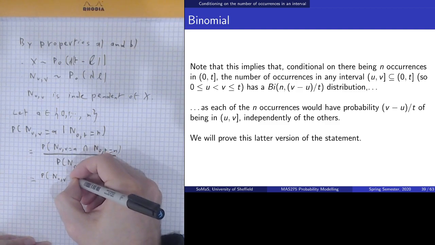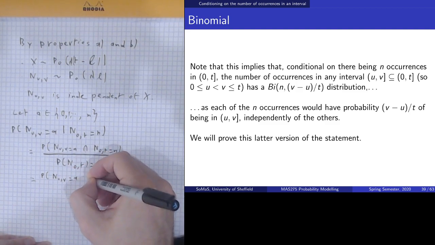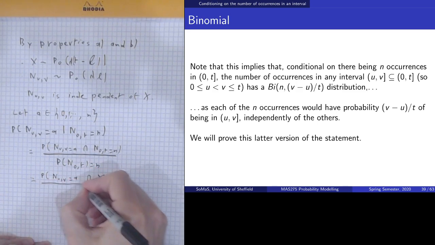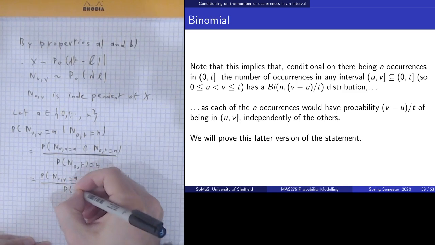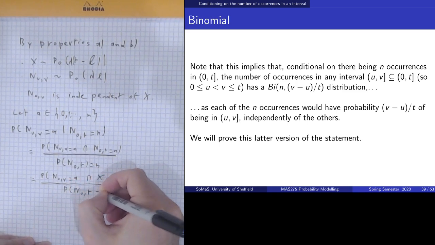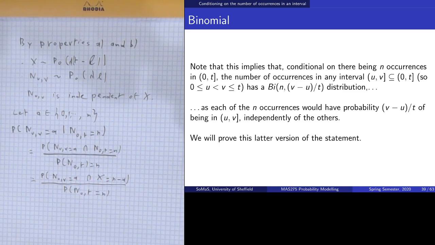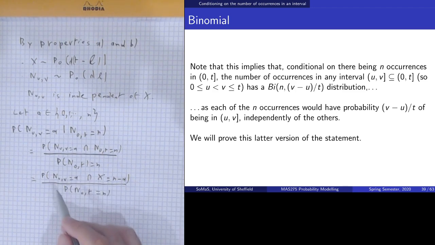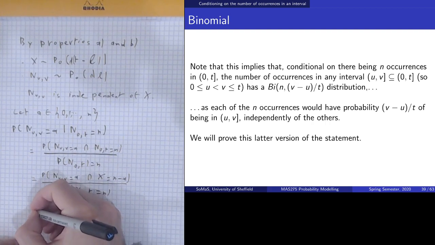So this is the probability that N_{uv} equals a and X is n minus a, divided by the probability that N_{0t} equals n. And now we can actually do everything because these things are independent, so we can write our product.